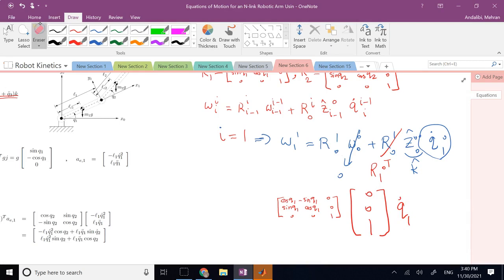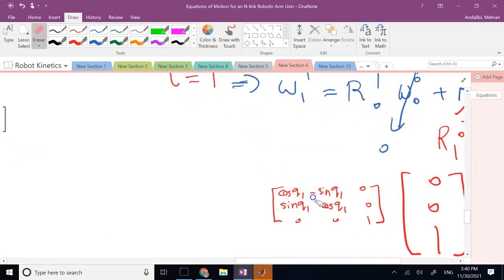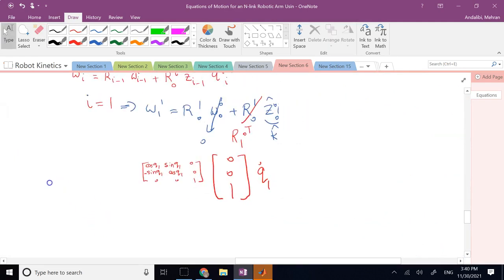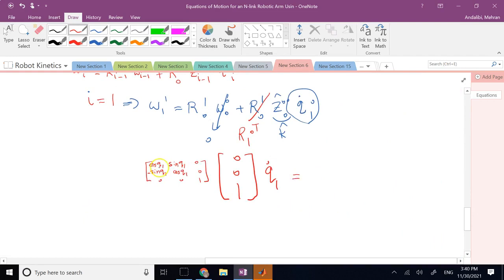And all I need to change for this guy is to transpose it. So this is going to be sine, this is going to be negative sine. And if I multiply, you clearly will see that the result is going to be 0, 0, and the last one is just going to be q1 dot. So you can also write it as q1 dot times k.